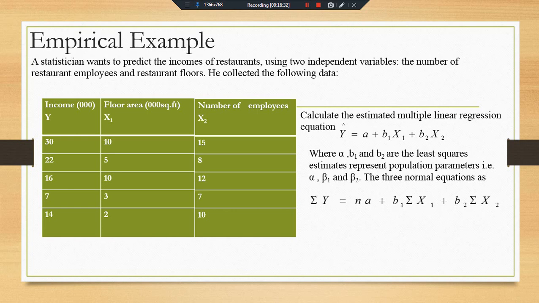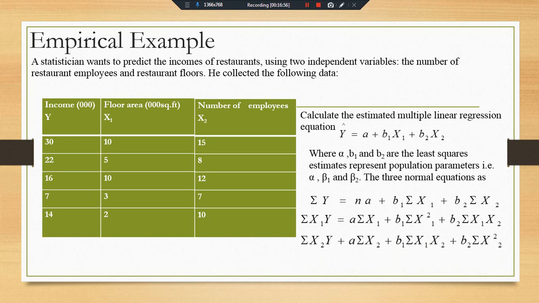The first equation is that summation y is equal to na plus b1 summation x1 plus b2 summation x2. The second normal equation is summation x1 y is equal to a summation x1 plus b1 summation x1 square plus b2 summation x1 x2.